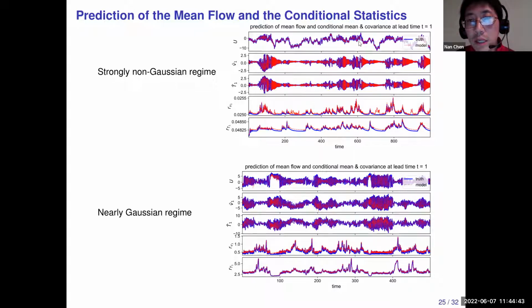So here, what I showed, the lead time equals 1, which is about the decorrelation time. And v1 and T1 are also predicted pretty well. And this regime switching or the slow-fast behaviors are overall accurately recovered.